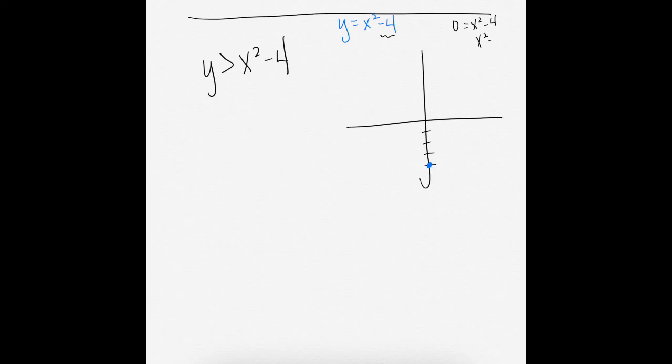So if I solve 0 equals x squared minus 4, that means x squared equals 4, which means x would be plus or minus 2. Hopefully you remember all of this from college algebra. So I would plot those 2 points. These are my intercepts. So y equals x squared minus 4 looks like this.